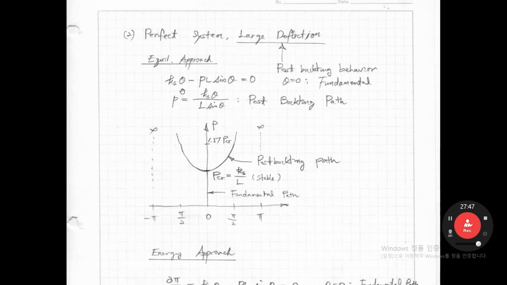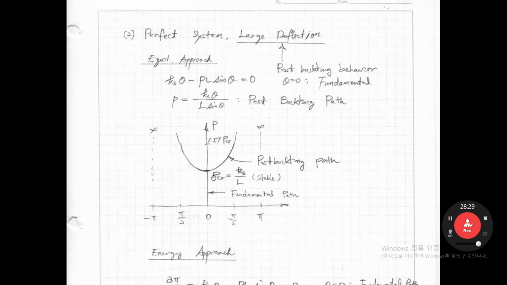It is the same: Ks theta minus PL sine theta equals 0. But in a small deflection problem, sine theta equals theta, right? This is a large deflection problem. Sine theta, we just keep sine theta. So P equals Ks theta over L sine theta, right? So in this large deflection problem, we can get the curve because deflection is large like this, okay?